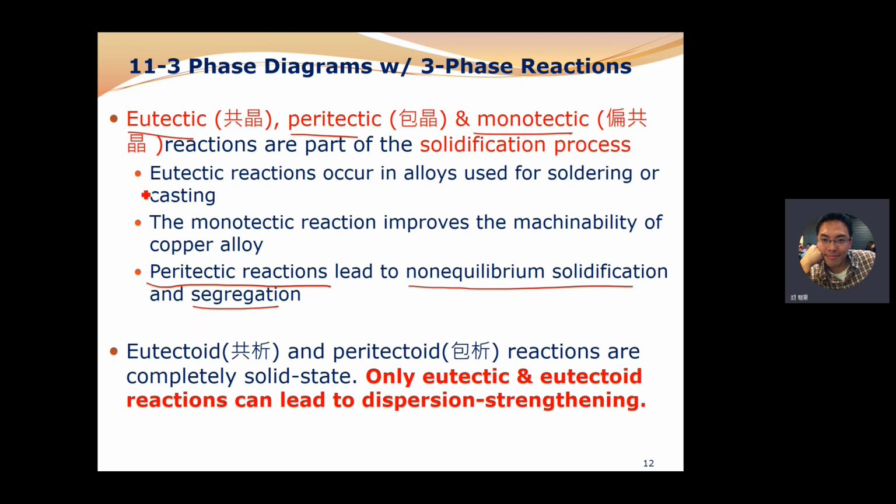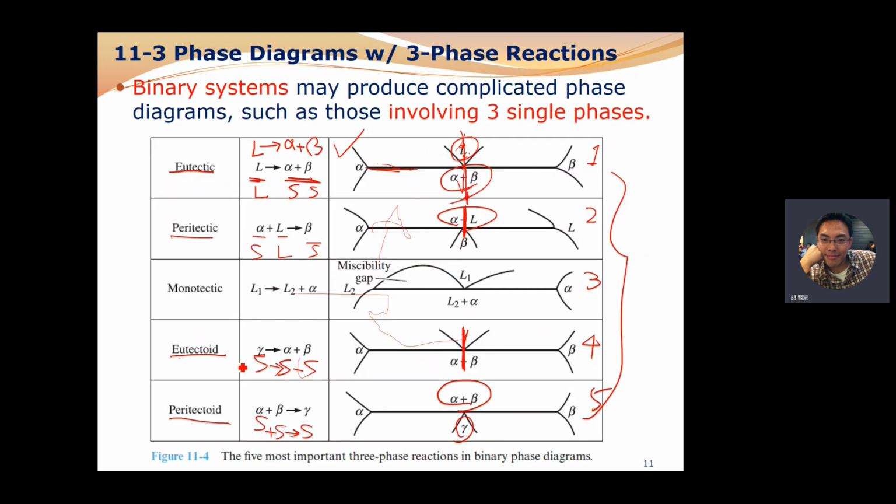The eutectic reaction, right? Eutectic reaction. Okay, and here it mentions that the eutectoid and the peritectoid reactions are completely solid. From the previous slide, we know solid, solid, solid, right?